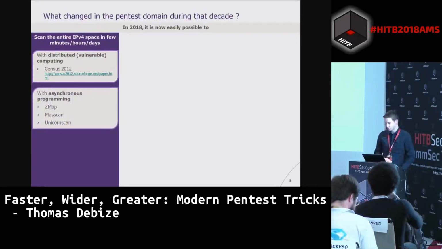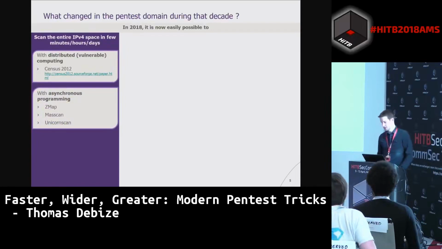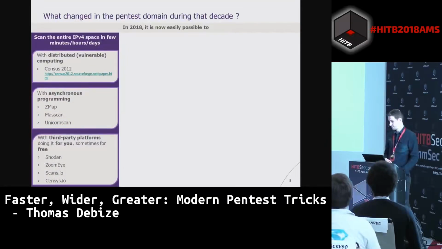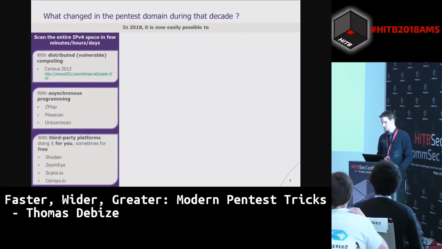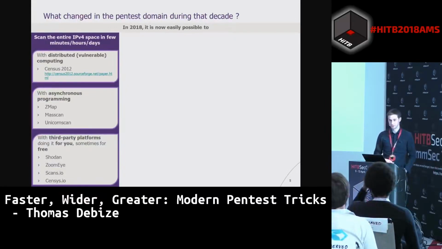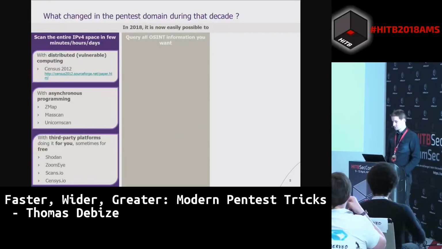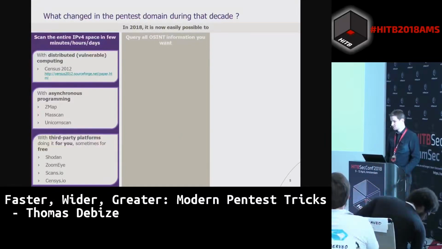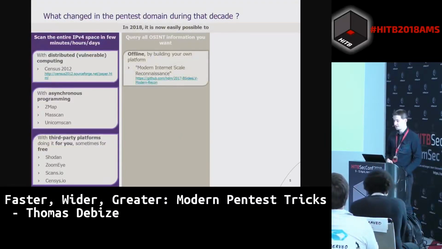With asynchronous programming, ZMap, Masscan, Unicornscan, I hope you know these kinds of tools. With third-party platforms doing it for you, Shodan, ZoomEye. ZoomEye is the Chinese Shodan, for those who don't know. Scans.io and Censys.io.